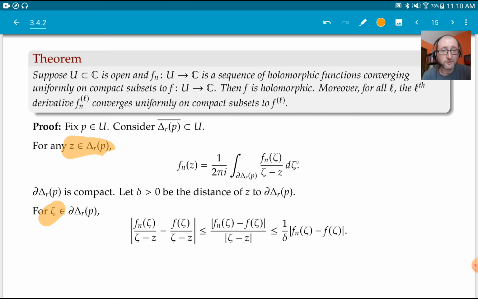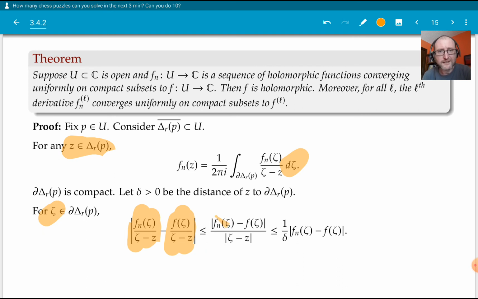Zeta is going to move as we're integrating, but we look at how the functions underneath the integral are going to converge. It's this function as a function of zeta, and it's supposed to converge to this function. We know that it converges, because it's at least pointwise, but is it uniform? That's the question.